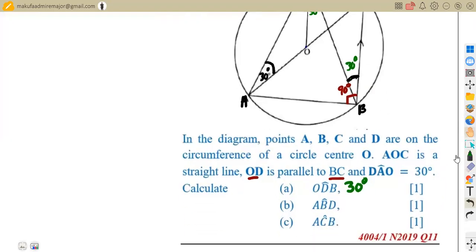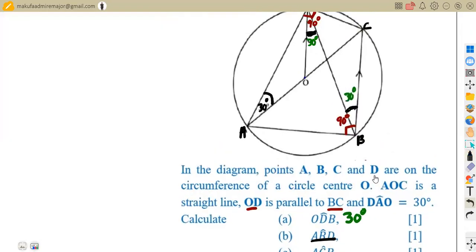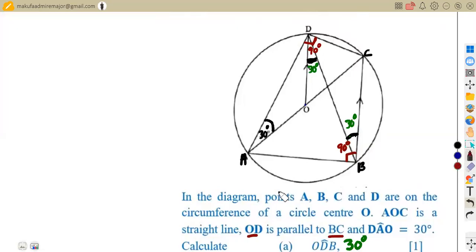Let us check another part, ABD. That's angle A, B, D, this one. Take note, we are talking about this one that is remaining here, that is ABD. But remember what I said about the diameter. A diameter is subtending an angle of 90 degrees. The whole of the angle at B is 90 degrees.